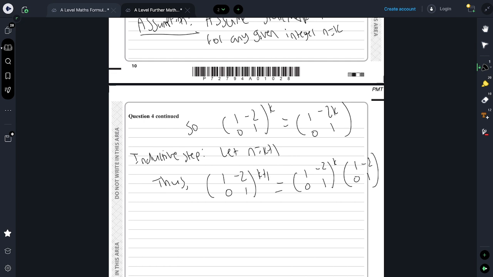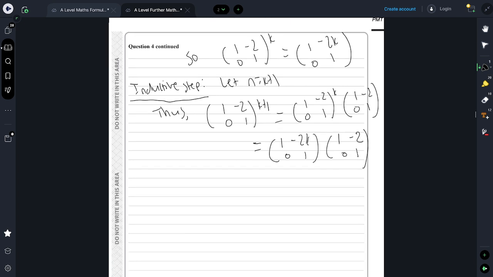This is our assumption. So the idea, again, with induction, you need to apply your assumption to the induction, because that's the whole idea. Okay. But we can use this, so we can substitute it. So that is 1 minus 2k, 0, 1, of 1 minus 2, 0, and 1.